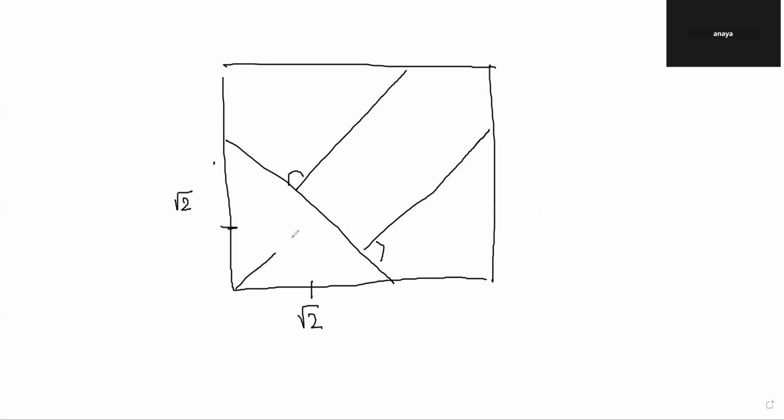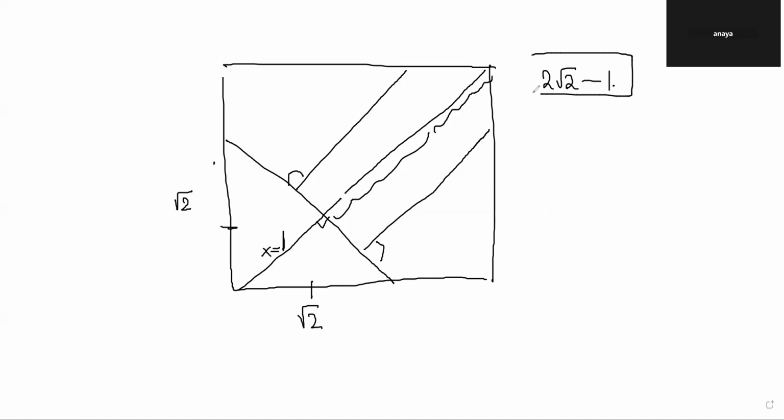And we drew the diagonal. And we know that the diagonal was having a total length of 2 root 2, right? And we said that this distance x was actually 1 because this is also perpendicular. So what we got was our length of this part was 2 root 2 minus 1, right?